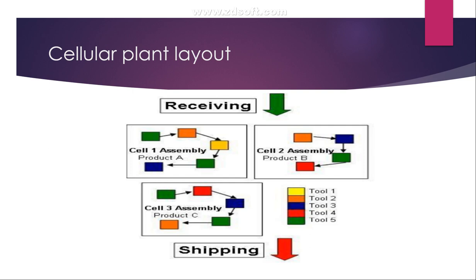We can see tool 2 is used for all three products, and tool 5 is used for all these products. So using the tools, machines and materials available for the three products, we create one group of assembly, which is called a cell, in order to produce the different products.